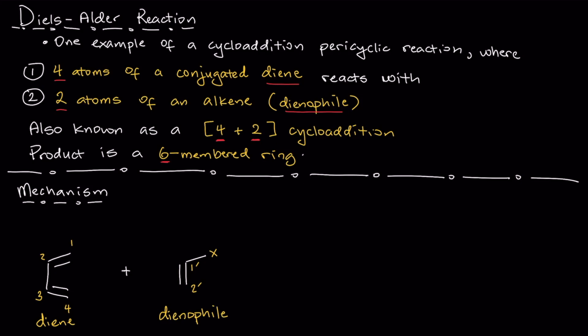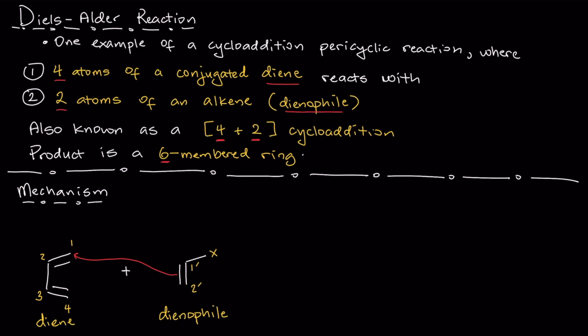And so here we can draw a curved arrow where we might start from the dienophile pi bond, where that breaks, and then the electrons are being used to form a bond between carbon 1 and carbon 1'.